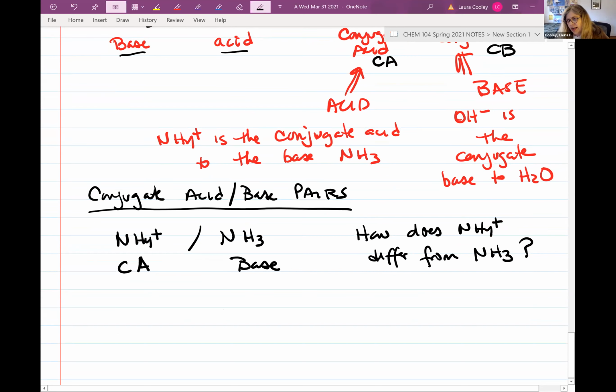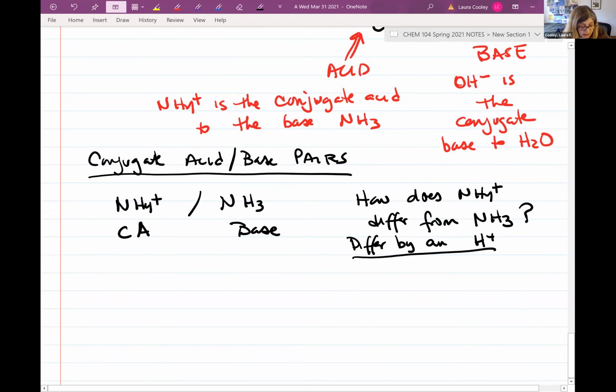This is what conjugate acid-base pairs always differ by. They differ by an H+, the thing that gets donated or accepted. So in ammonium and ammonia, you can see that ammonia doesn't have the H+, and ammonium does.